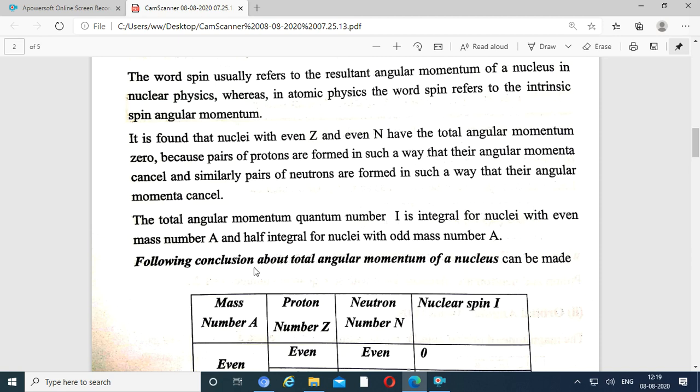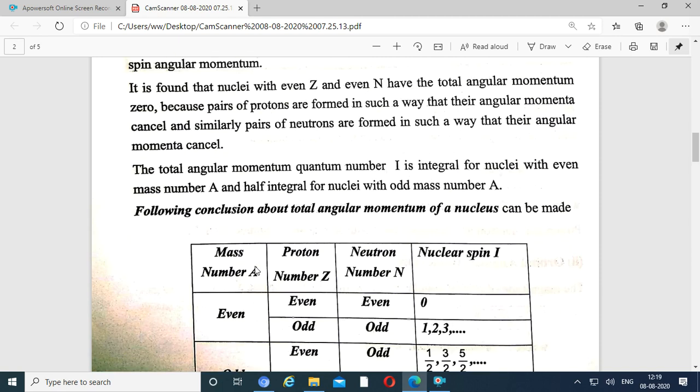The following conclusion about the total angular momentum of a nucleus can be made.